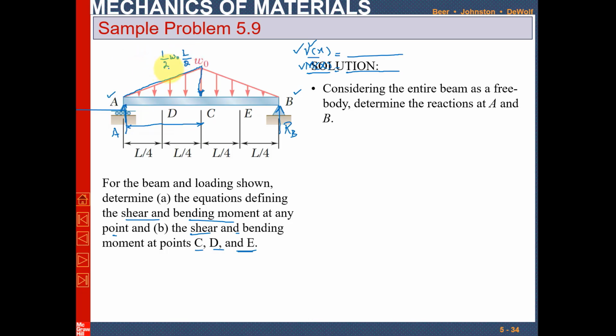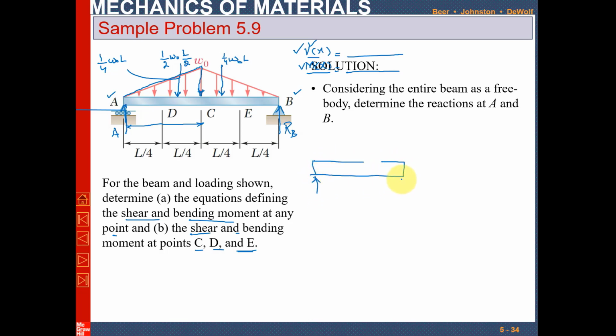So this concentrated load will be acting at this point, and it will be equal to 1 over 4 W naught into L. Similarly here, it will be the same: this linearly varying load will be converted into half of 1 over 4 into W naught into L. So now you have the beam like this.